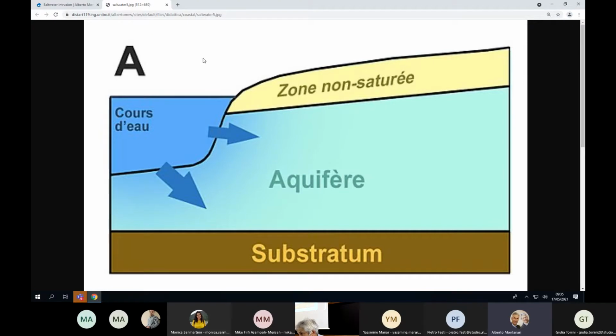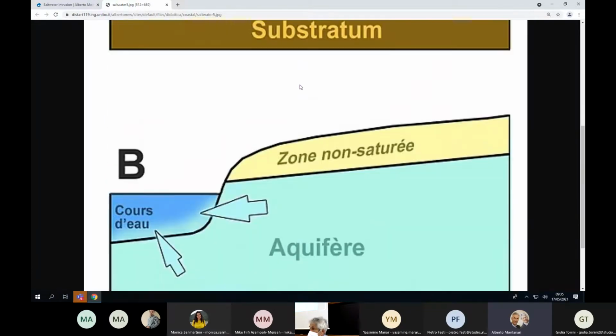I assume that there is a substratum, which is an impervious layer with no permeability, limiting the groundwater at the bottom. And I assume that there is a non-saturated zone in yellow close to the surface. So what happens here is that through the separation between land and ocean, you have, of course, an intrusion of salt water.